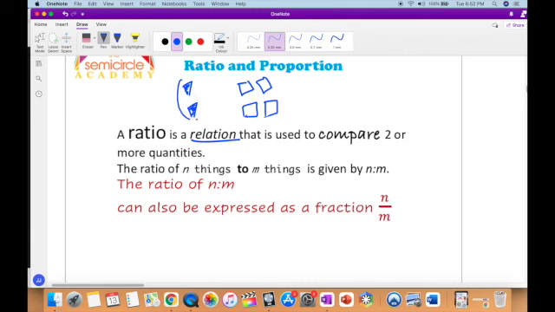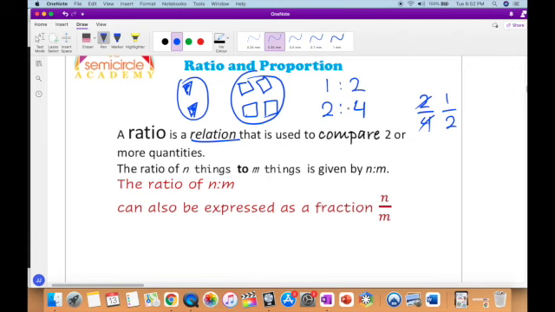So you can see here that I have 2 slices of pizza to 4. So we could call this a ratio 2 to 4. But if we treat it like a fraction, we could reduce. And this is the only time that we want to treat a ratio like a fraction, in order to reduce it. So I could see that 2 could go into 4, so it's actually a ratio of 1 to 2.